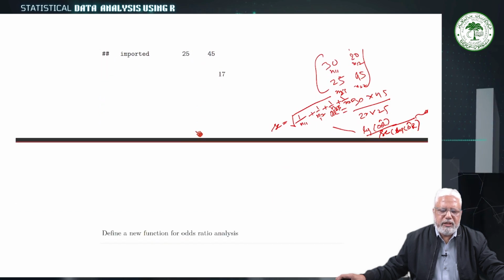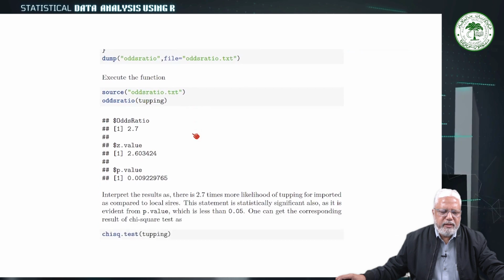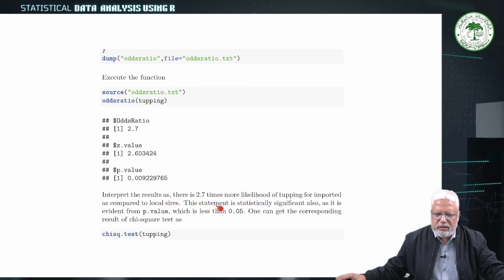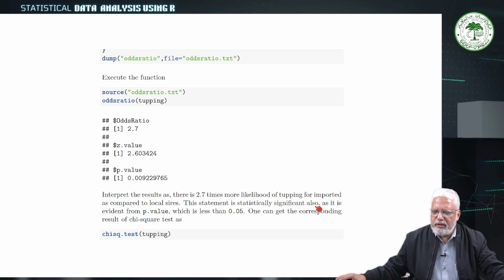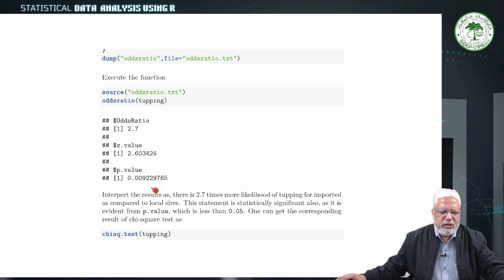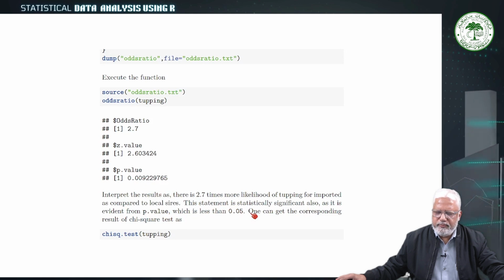So this is the interpretation of this result. We are quantifying the odds ratio, and this statement is statistically significant also, as evident from the p value 0.009, which is less than 0.05.